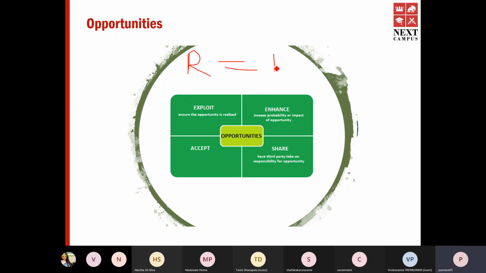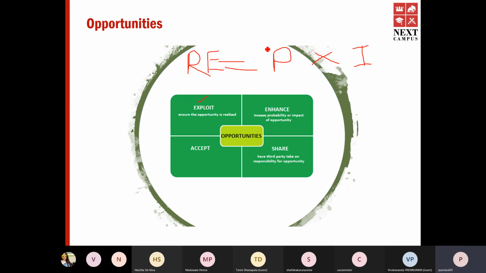So for any risk, we have a probability and an impact. This is known as risk exposure, right? Risk exposure is probability times impact. When there's a possible risk which brings a positive outcome, when there's an opportunity, the first thing you would try to do is exploit it, right?